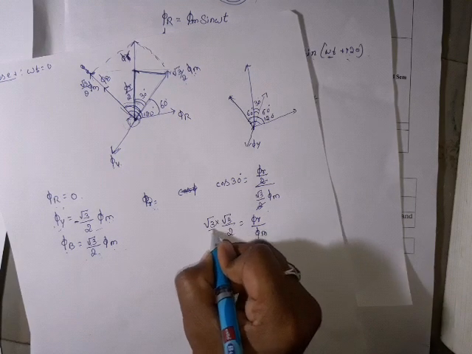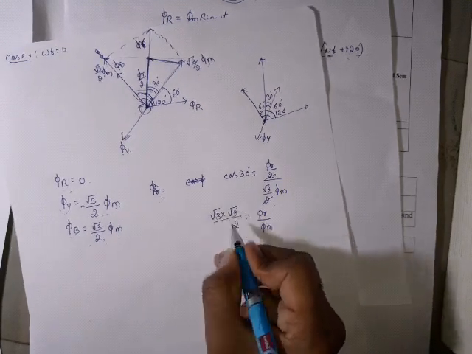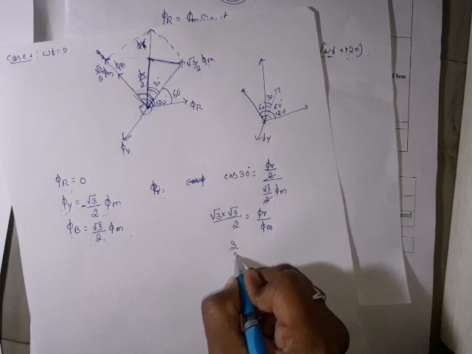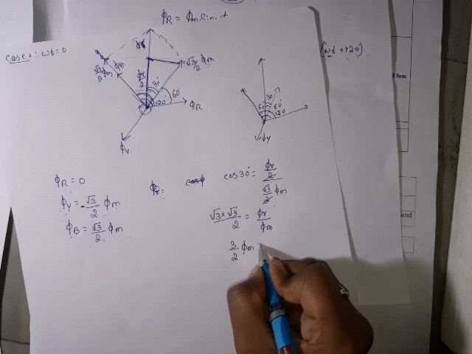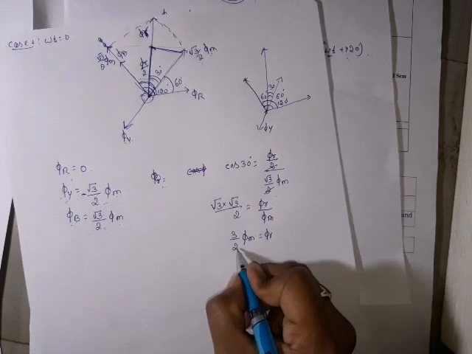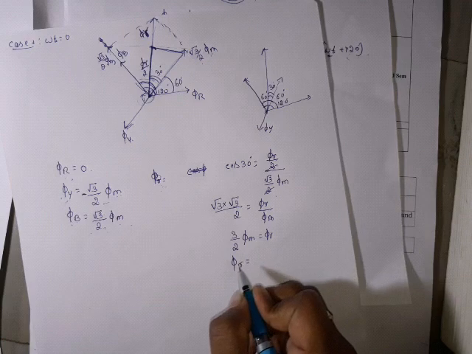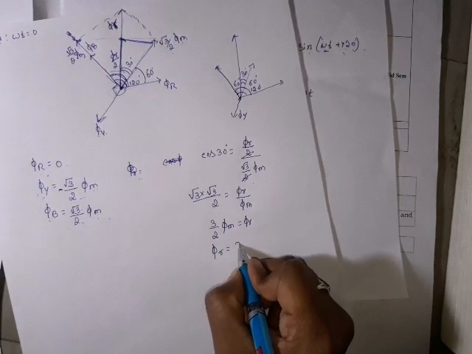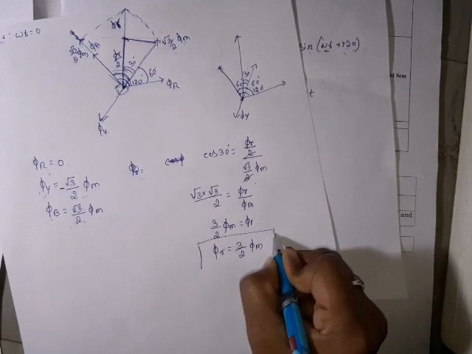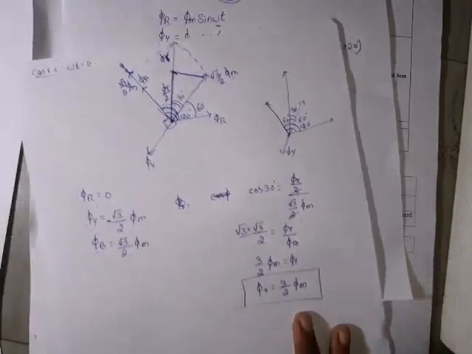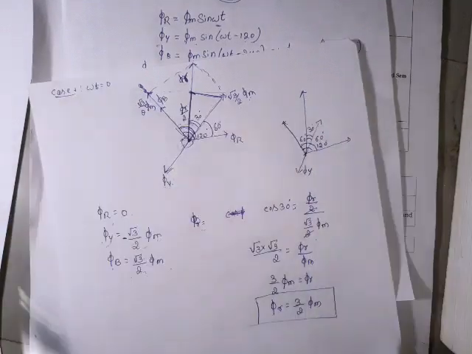So this will be root 3 multiplied by root 3, which is 3 by 2 times phi m. Phi m is equal to phi r. So what is your resultant flux? When omega t is equal to 0, resultant flux is given by 3 by 2 times of phi m. So this is the magnitude of resultant flux when omega t is equal to 0.